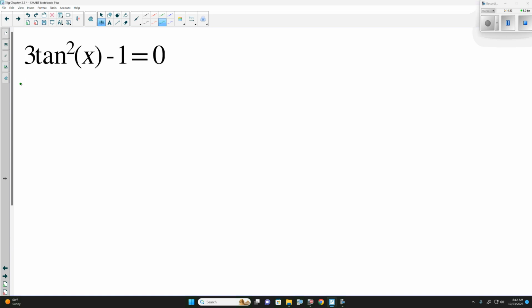So if I said we had 3x squared minus 1 equals 0, well, looking at this here, we have no middle term. All we have is the x squared term and our constant term and leading coefficient. Well, what I would do here is I'd first add 1 to both sides, telling me 3x squared is equal to 1.